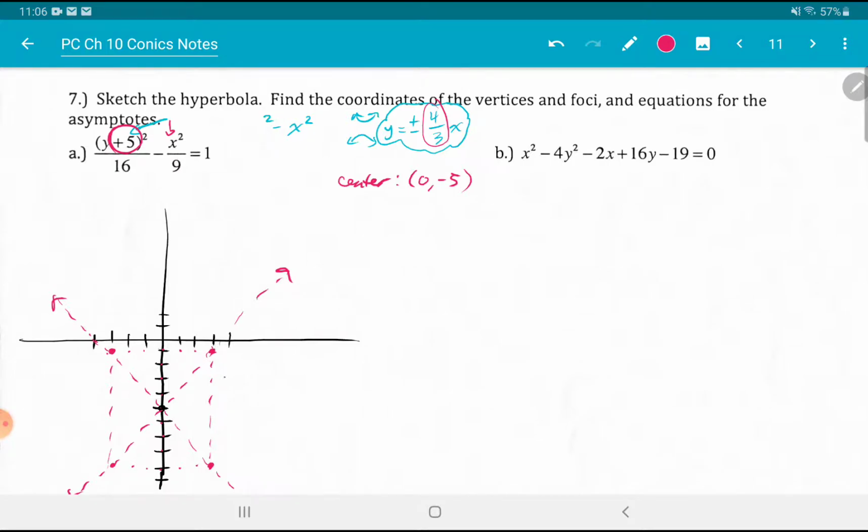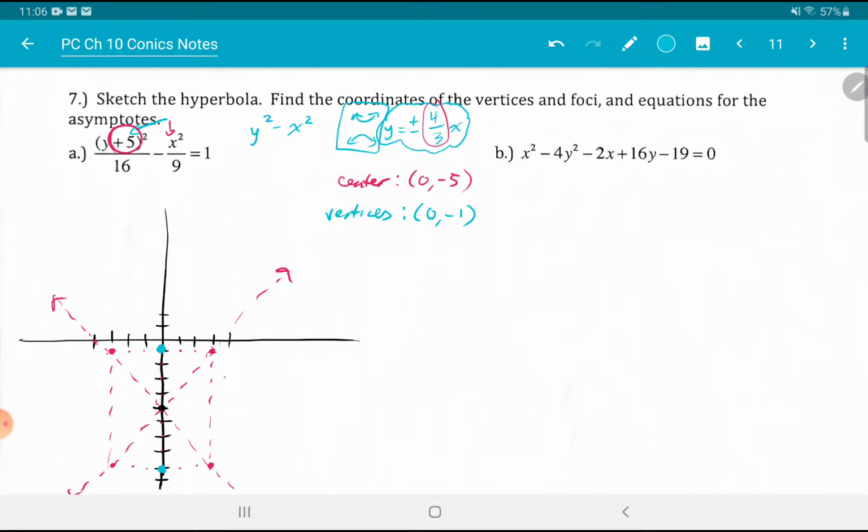Because it is y squared minus x squared, we know it's going to be a vertical hyperbola. From the rectangle, what is that point? That is going to have a vertex at the point 0, negative 1. I should actually make that plural, vertices. All right, 0, negative 1.